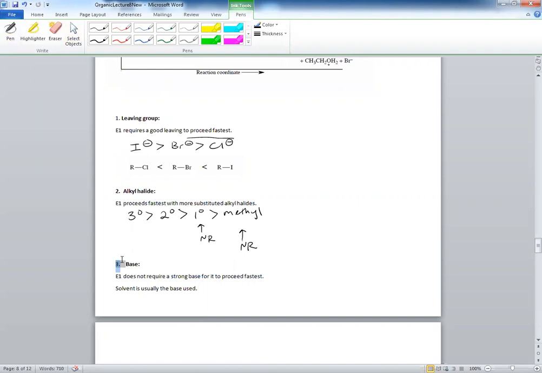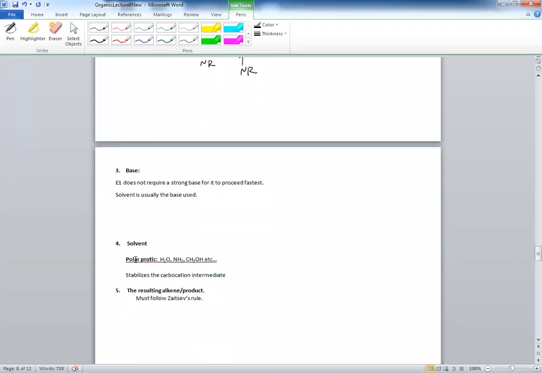With the base, luckily this is becoming quick to discuss, is that E1 does not require a strong base. So we need a weak base, and that's generally the solvent molecule. So once again, if we have ethanol, if we have water, if we have methanol, propanol, whatever it is, these are all solvent molecules.